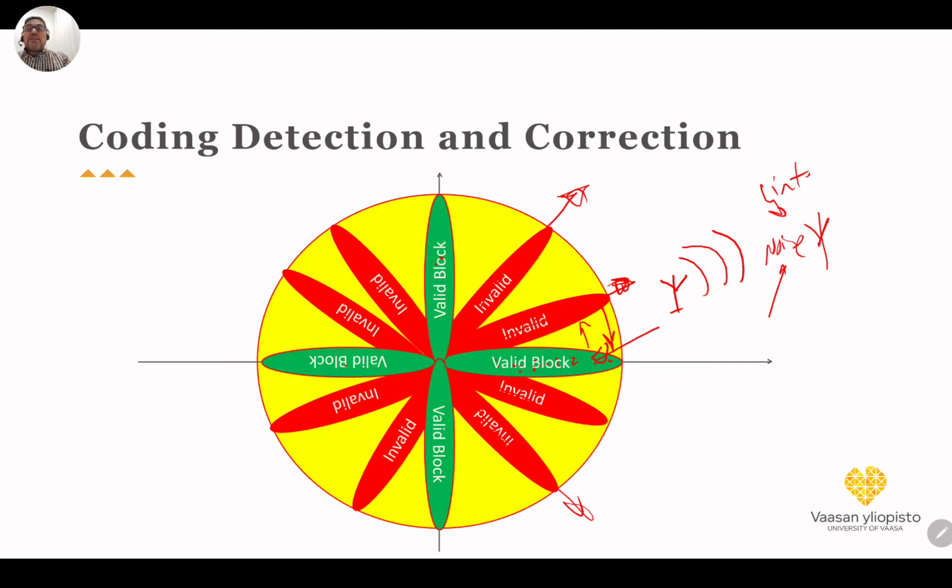But because our decoder is implemented to correct one error, it doesn't know that there were two errors. What will happen? It will check the distance again. The distance to this valid block is 2, to this valid block is 1. So it will decide that the transmitted block was this one. However, this is an error. There is a mistake.